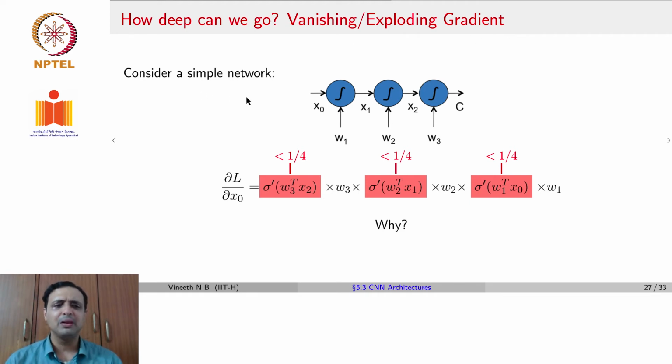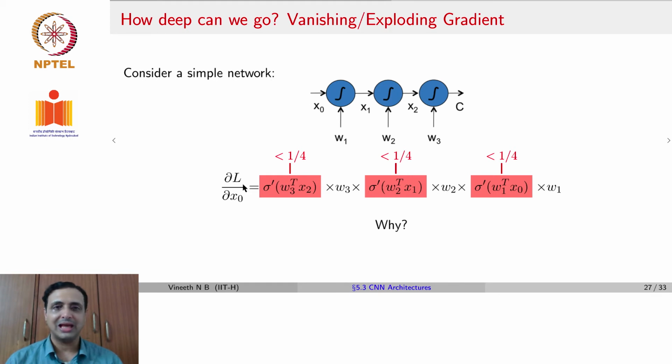So if you took a simple feed-forward neural network, let's assume with sigmoid activations in each layer, here is a very simplistic visual for that. You have x0, there is a weight w1 that comes in the first layer, there is a sigmoid, then x1, w2 is a weight in the second layer, a sigmoid, and so on and so forth until the last layer.